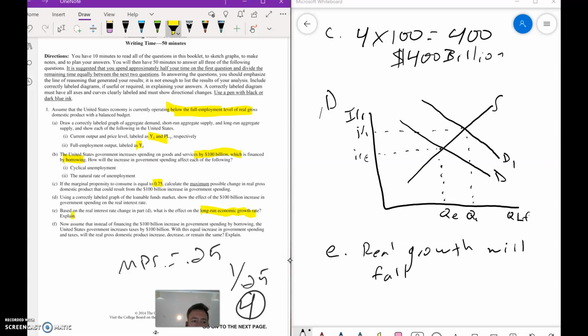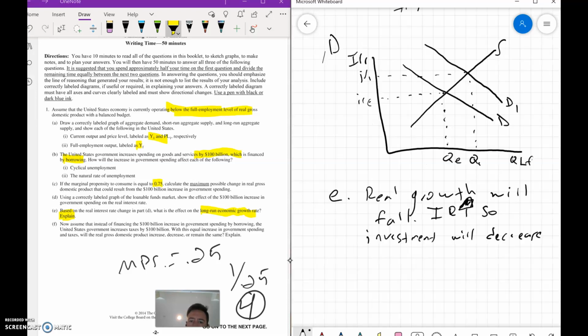Notice it does give you an explain right there, so you need more than just real growth will fall. And your explanation should be interest rates increase, so investment will decrease. That's E right there.